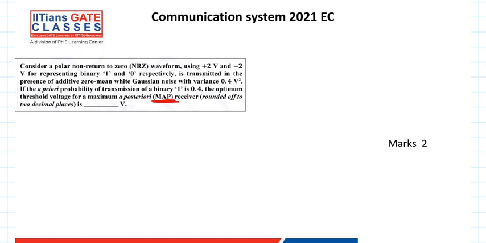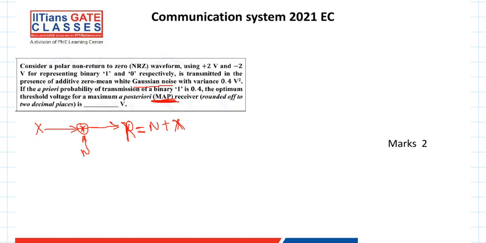So we have noise. Let's say this is transmitter X, and before the receiver we are adding some noise, which is Gaussian noise, as given in the question, and then it reaches the receiver. Let's say the received signal is R. So R is noise plus transmitted signal.